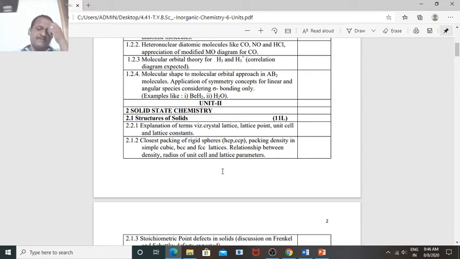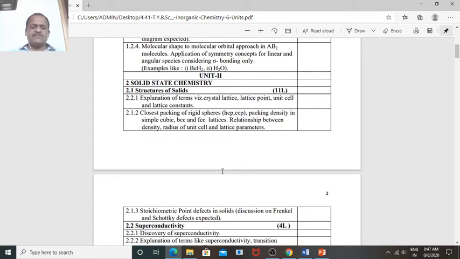Here we want to study the relation between density, radius of unit cells and lattice parameter. We want to calculate lattice parameters with some numericals, and we want to discuss point defects in solids. Basically we have two types of point defect, one is the Frenkel defect and the other is the Schottky defect. These two point defects we want to study in this unit.